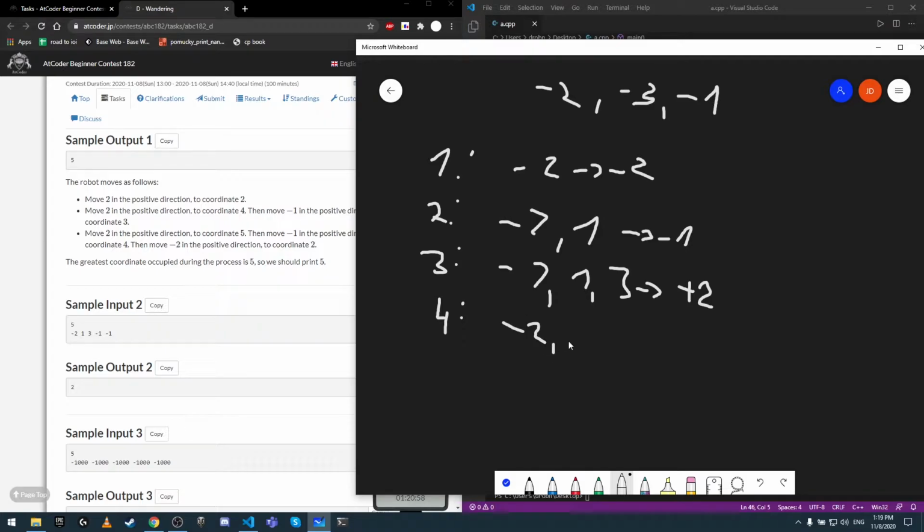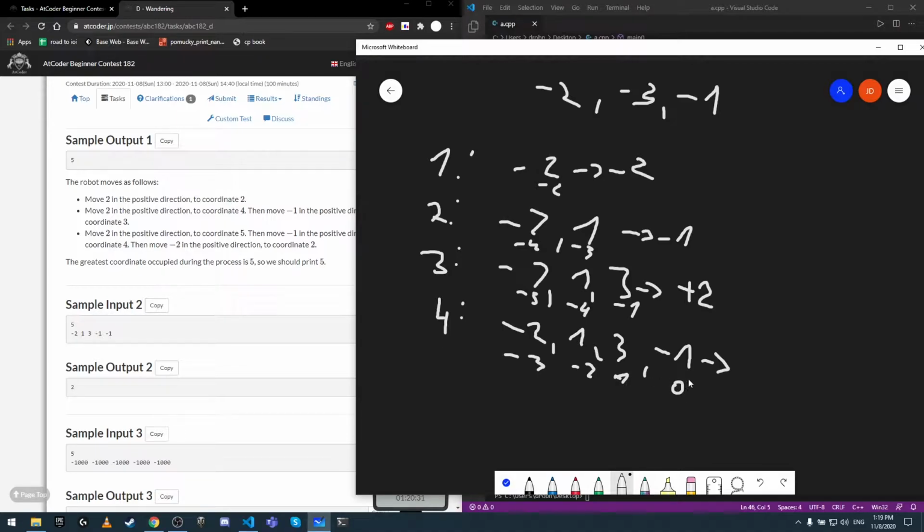So he goes -2, 1, 3, -1, so here's the -3, so here's -4, -3, -5, -4, -1, here is a -3, minus 2, 1, and here he's at 0, so he's at 0, right? So plus 1, so he's at 0, then move 5.